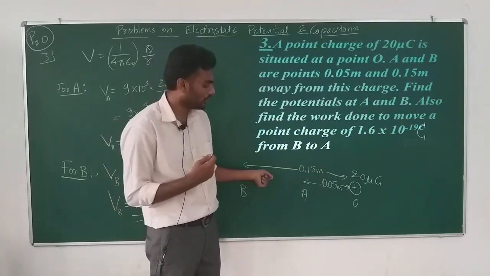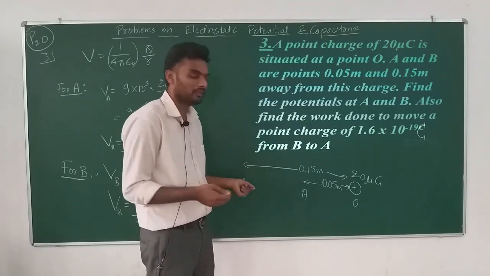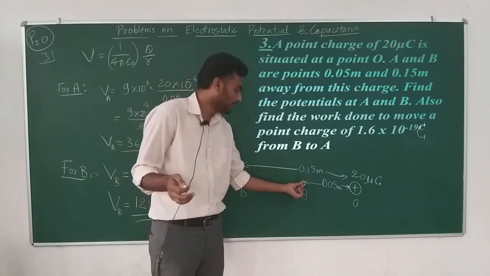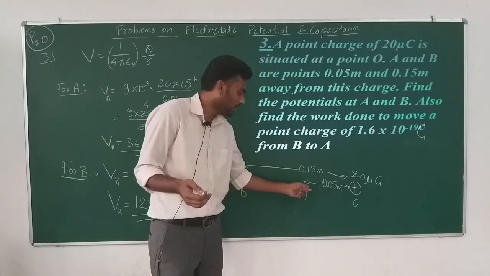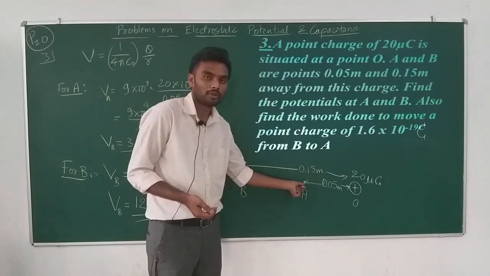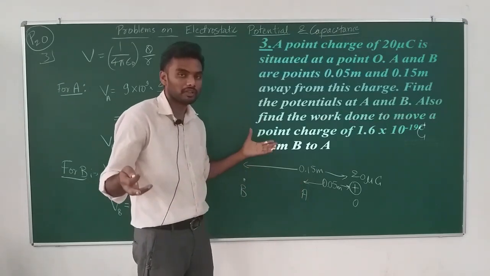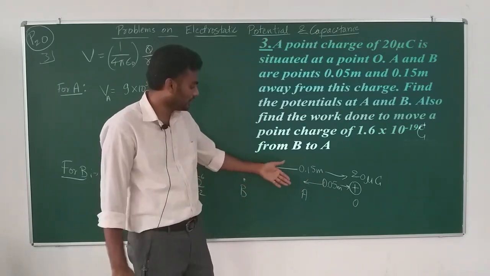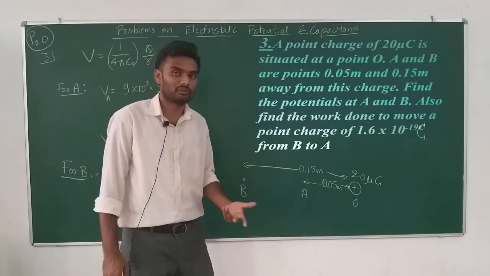Because if I wanted to move it from A to B, it's negative work. Because if you bring a positive charge and keep it at the higher potential, it will move from higher potential to lower potential by itself. I don't need to do any work. So the work that has happened here is actually negative work.